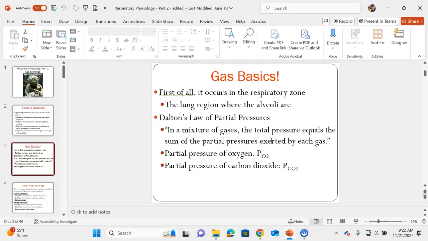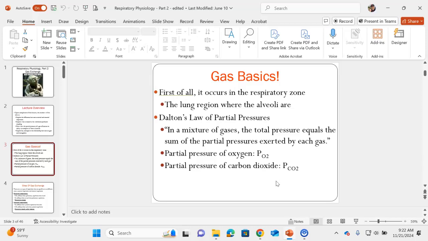So the total pressure in the air is made up, according to this law, of all of the individual pressures of the gases in that mix. And so when we talk about gas exchange in our bodies, and we're focusing in on oxygen and carbon dioxide, we're going to use these terms: PO2, which stands for the partial pressure of oxygen, and PCO2, the partial pressure of carbon dioxide.